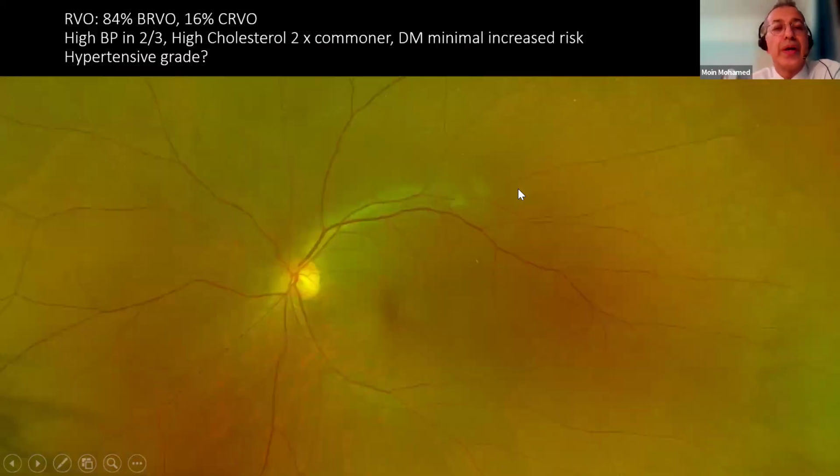And then the fellow eye of this patient, there's the vein, there's the artery. Now that artery really varies in its caliber. Remembering the artery should taper gradually. It shouldn't narrow and then open up again with narrowing there. So it's a really subtle sign, but it's very typical of stage 1 hypertensive retinopathy.